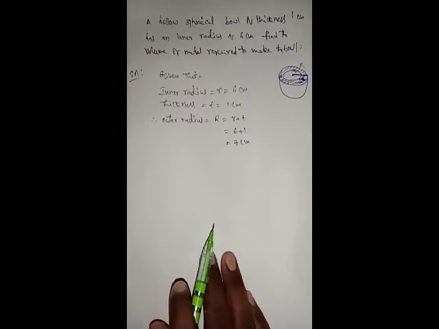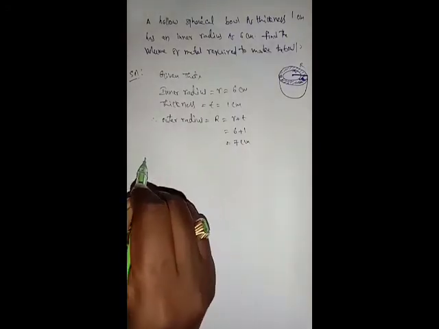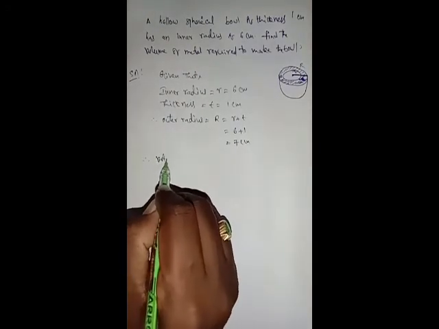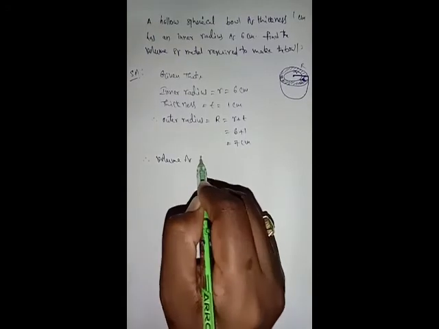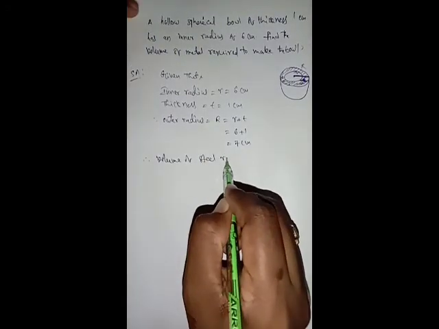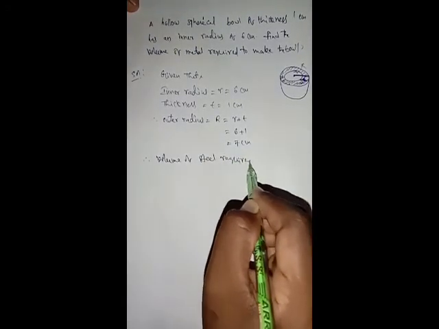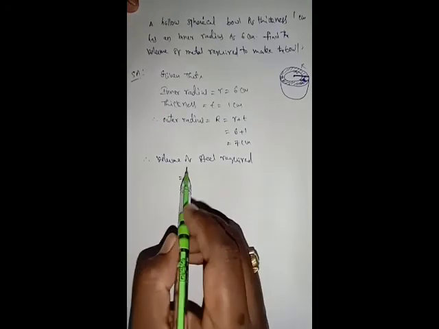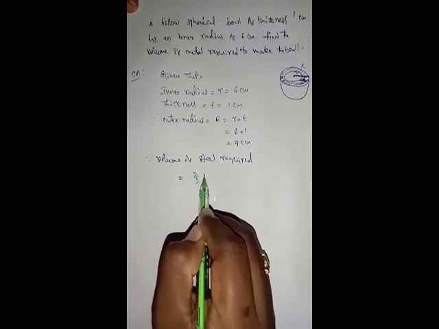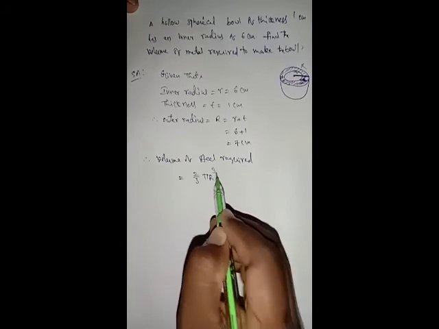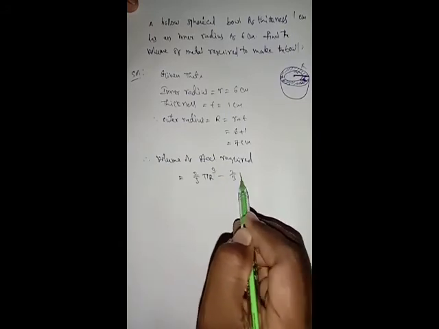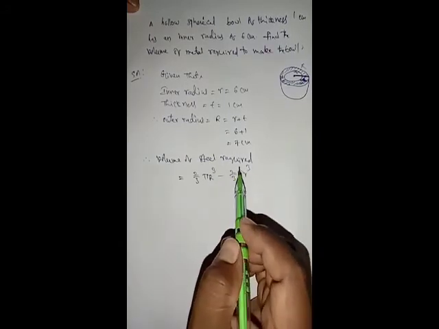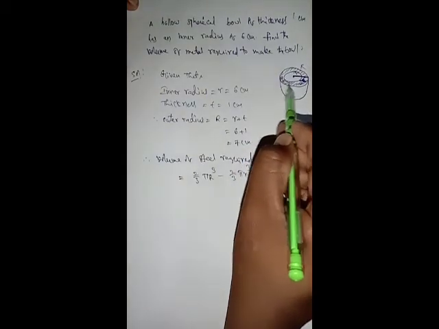So the volume of steel required, look at the picture. From the diagram what are you observing? 2 by 3 pi R cube minus 2 by 3 pi small r cube. So here, look at the picture.